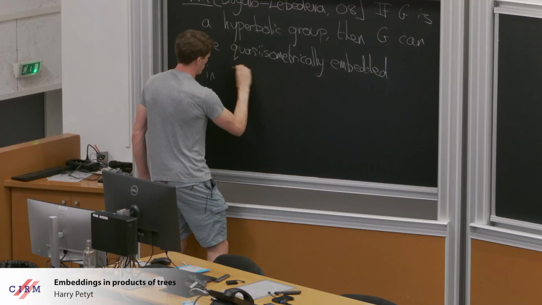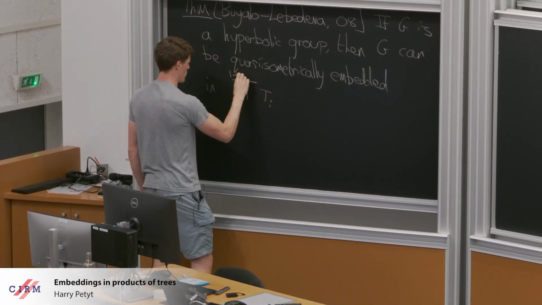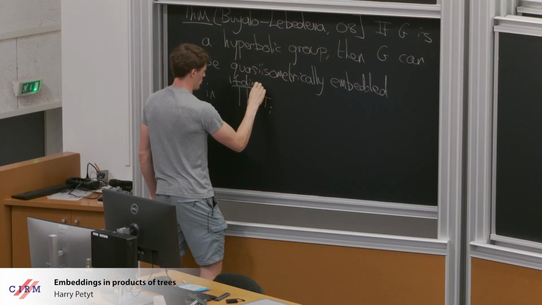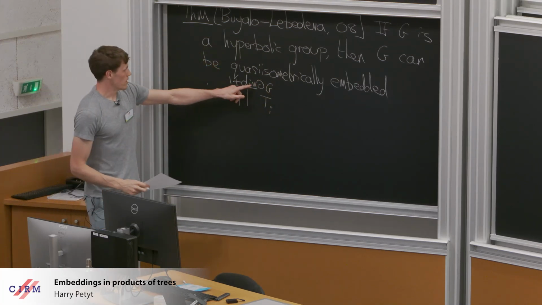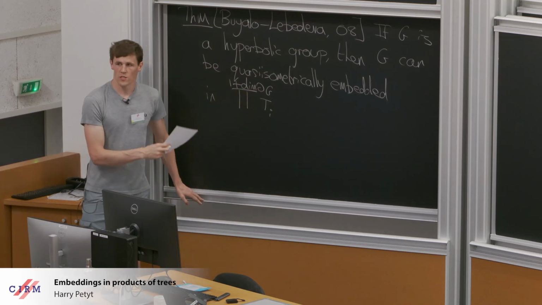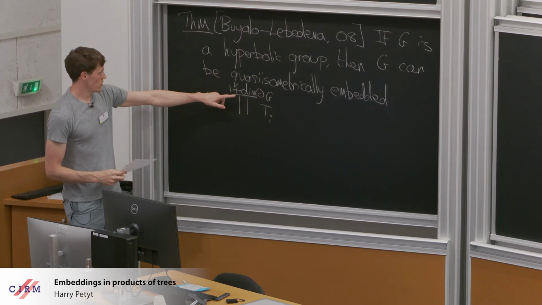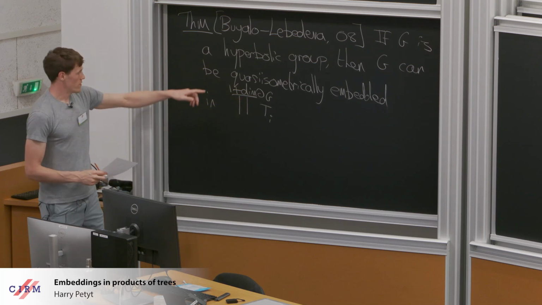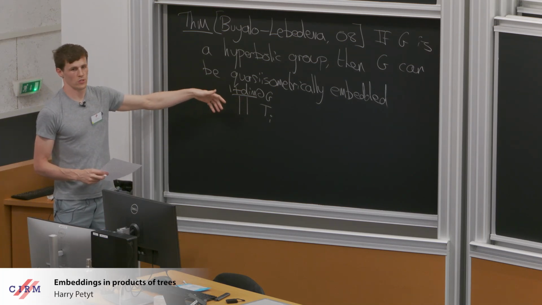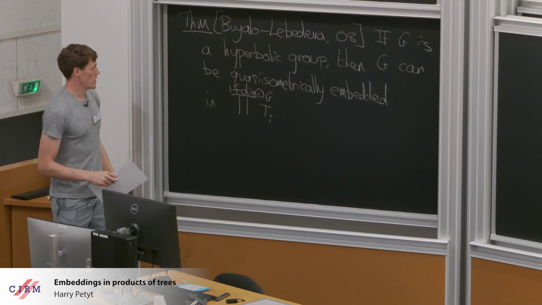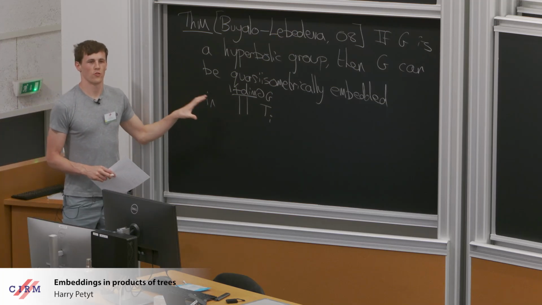The number of trees is 1 plus the dimension of the boundary of G. When I say dimension here, I'm just meaning the topological dimension of that topological space. And 1 plus the dimension of the boundary, if G was torsion-free, this would be the same as the cohomological dimension of G by Bestvina–Mess. So this is like the correct dimensional thing.